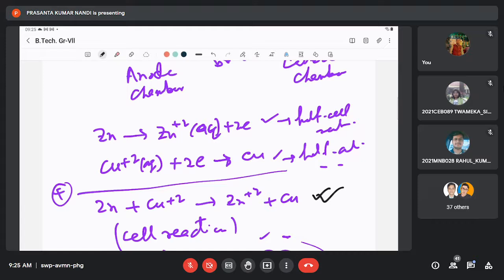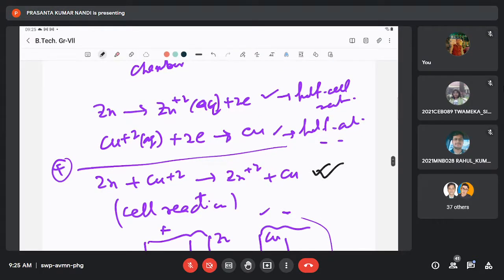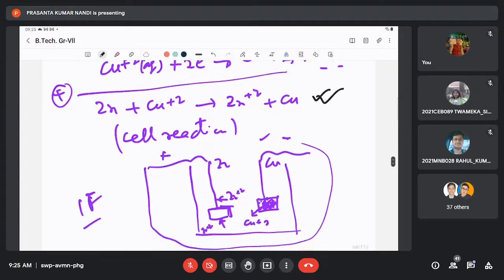Basically, this is nothing but a redox reaction, where zinc is oxidized itself, whereas cupric ion present in the solution is reduced to metallic copper. And this is the overall cell reaction.